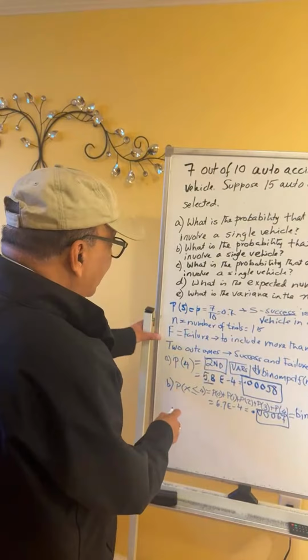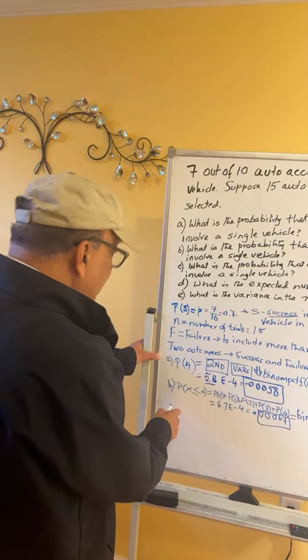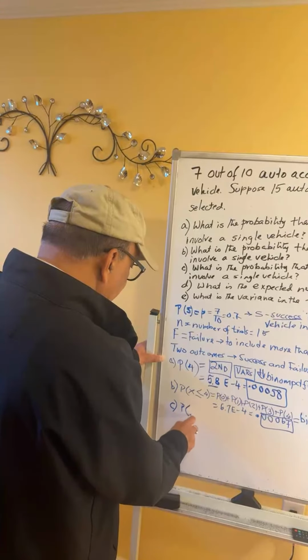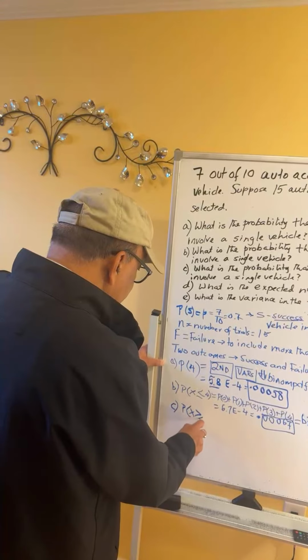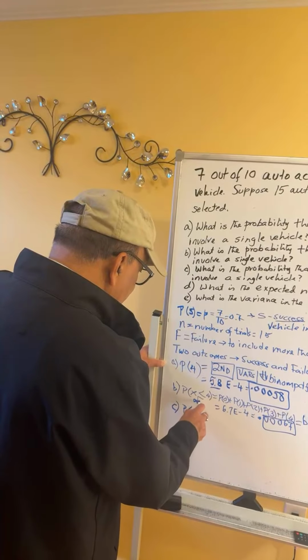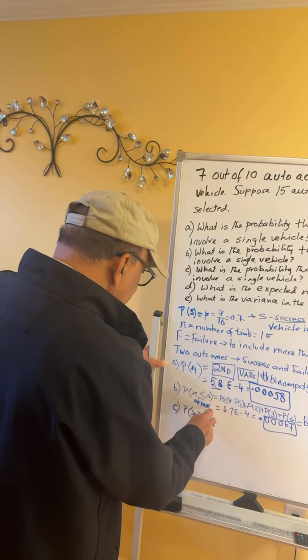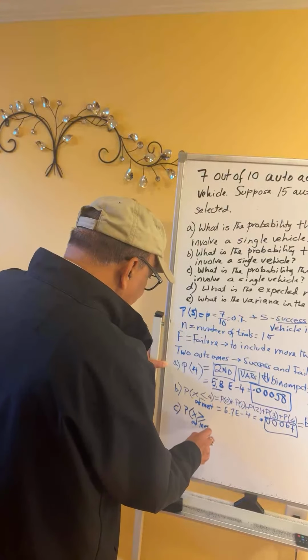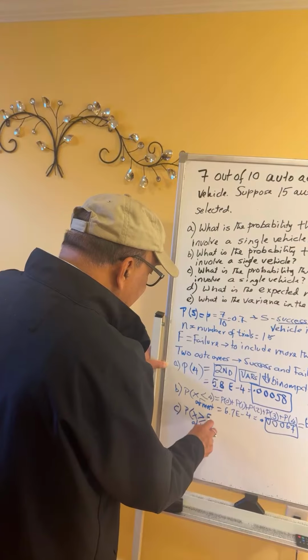So in part C, at least 5 actually. So P of x greater than or equal to, this is at least, this is at most, less than or equal to. We have to remember the symbol, because at least 5 means the lowest is 5 and anything above it.